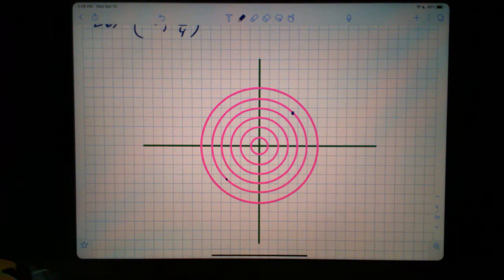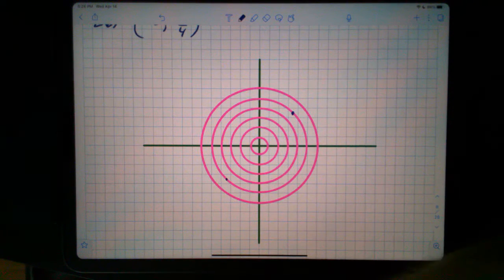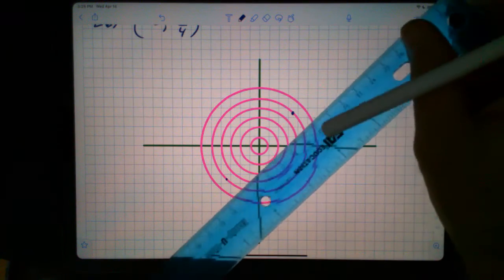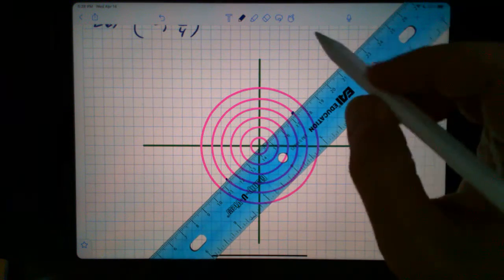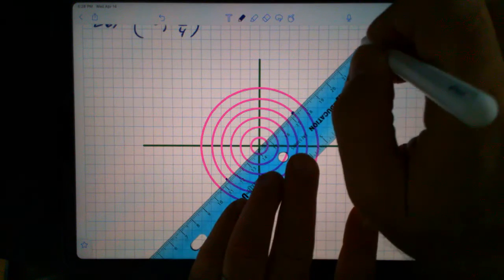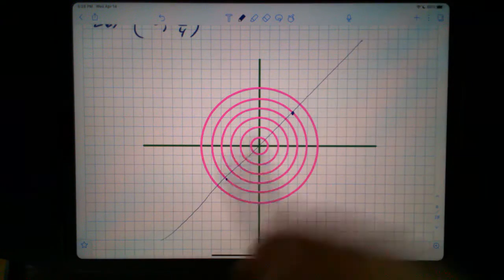Now, through each of these points in your polar graphing, what's going on through the pole is a straight line.